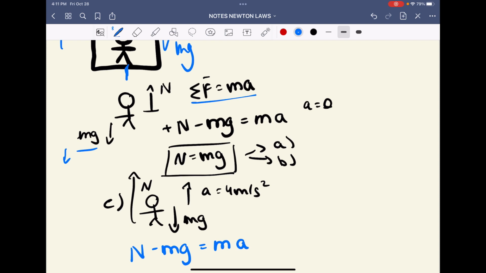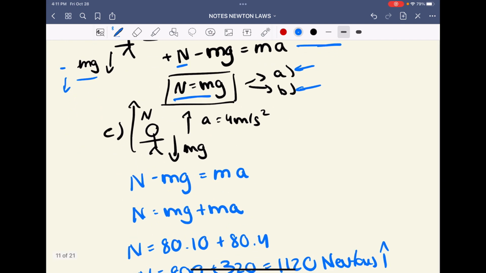The sum is going to be plus N, which we chose to be the positive direction, and mg the negative direction, so N minus mg equals ma. But we know that acceleration is 0, so N is equal to mg, and that's going to be the case for both A and B.